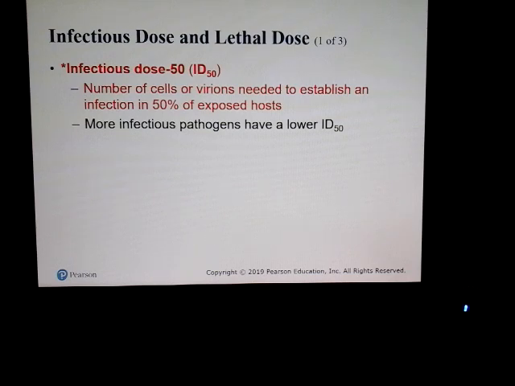That's the number of cells or virions needed to establish an infection in 50% of the exposed population. So the more infectious a pathogen is, the lower its ID50 is going to be.